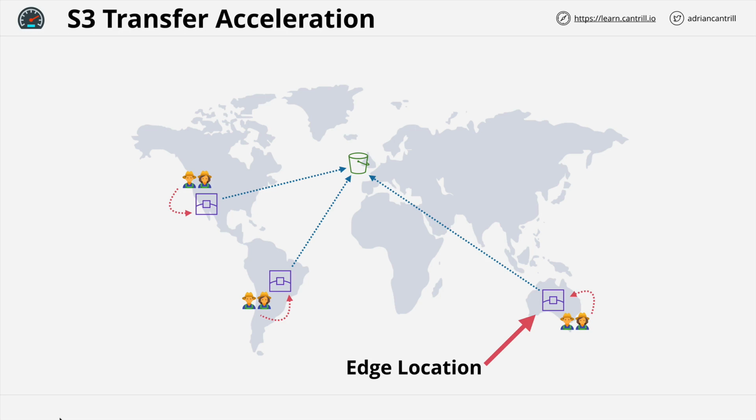The improvements can vary, but the benefits achieved by using transfer acceleration improve the larger the distance between the upload location and the location of the S3 bucket. So in this particular case, transferring data from Australia to a bucket located in Europe, you'll probably see some significant gains by using transfer acceleration. The worse the initial connection, the better the benefit by using transfer acceleration.